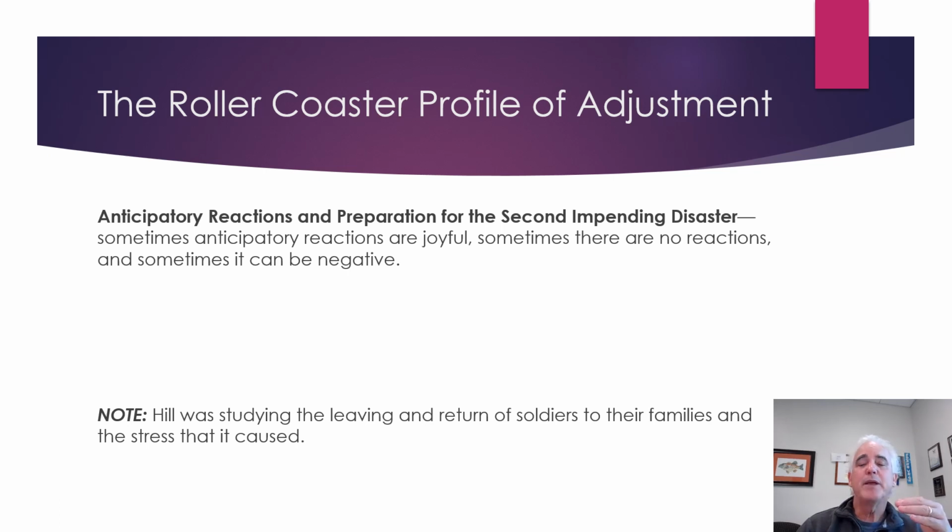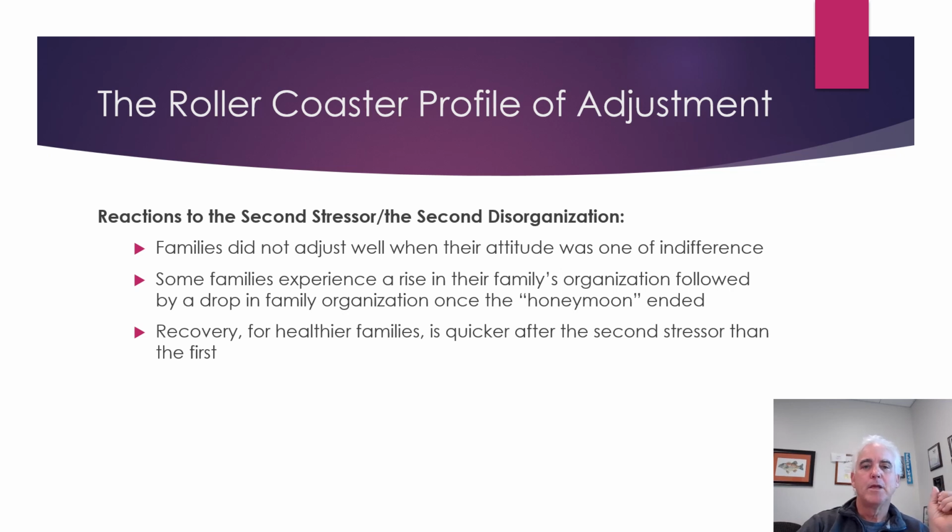Sometimes the anticipatory reaction to this next phase is positive. Sometimes it's joyful. Sometimes there's no reaction at all, but sometimes it can be negative. Next slide, please. So how does the family respond to the second stressor, the second disorganization?